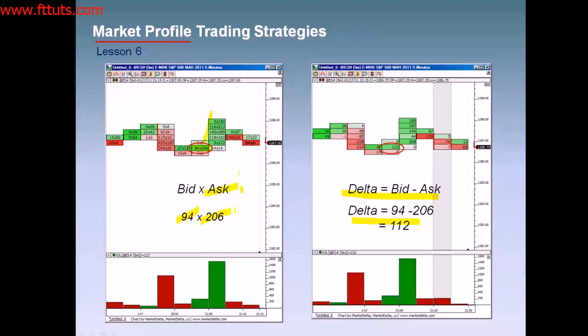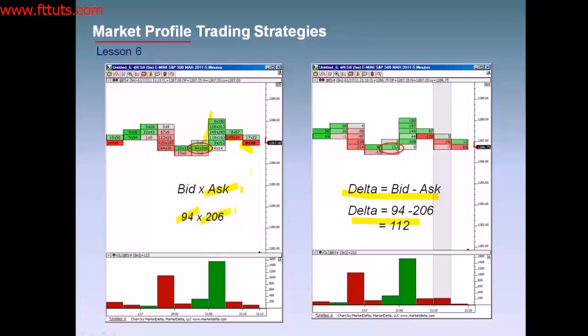On the other hand, when I begin to see that it's really the sellers that are becoming more aggressive, that more is selling at the bid relative to what is selling at the ask, prices are going to decrease.